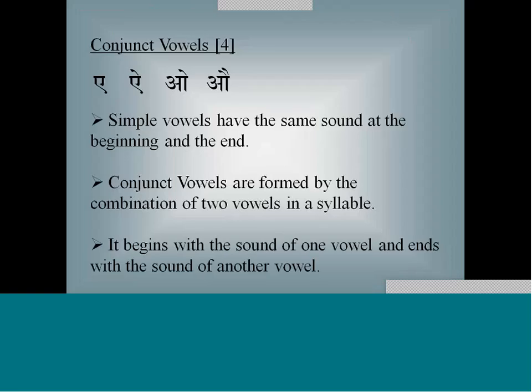What is the difference between the simple vowels and the conjunct vowels? If you closely observe A, E, U, R, L, these simple vowels have the same sound from the beginning of the pronunciation till the end.